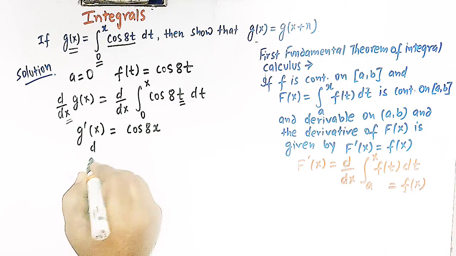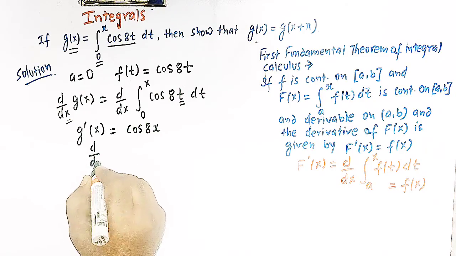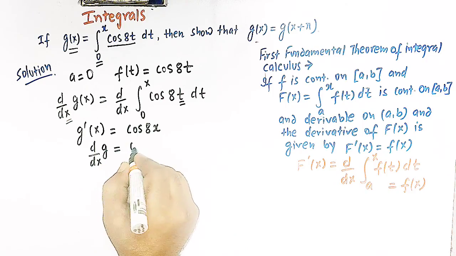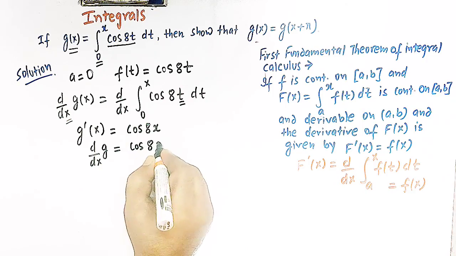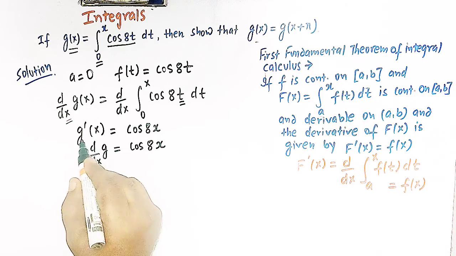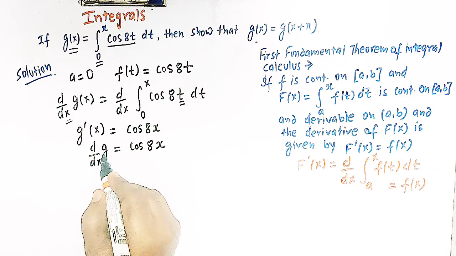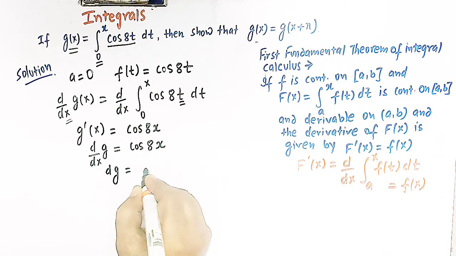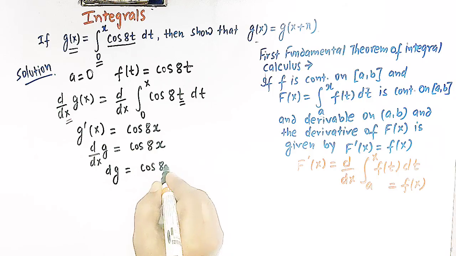So we can now again write here d by dx of g is equal to cos 8x, right? Here for g of x we are simply writing g. So now we can write dg is equal to cos 8x dx, and now we can integrate both sides.